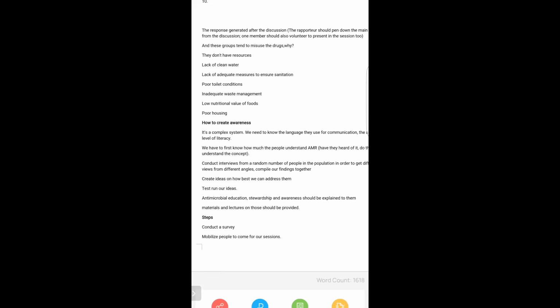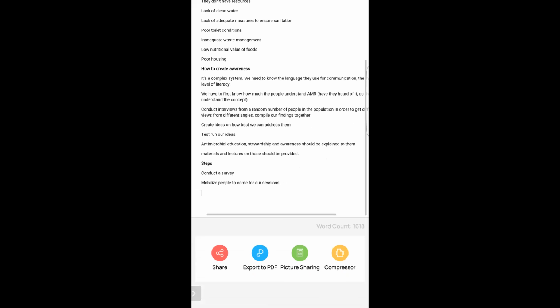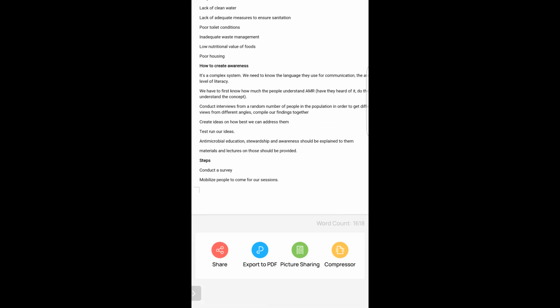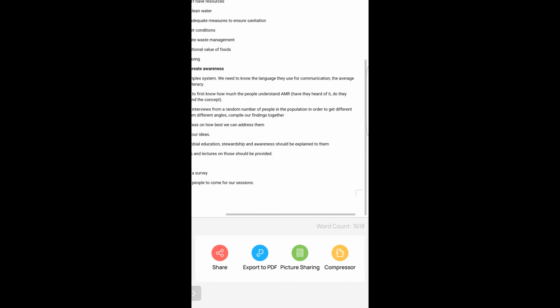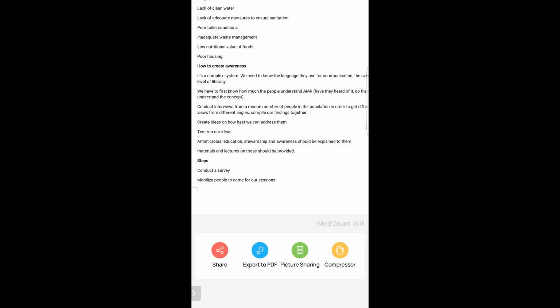And as part of raising awareness, we would conduct interviews with random numbers of people in the population to get an average picture from different angles and compile our findings together. We would then create ideas on how best to address them, test run these ideas and choose which ones can best be applied.